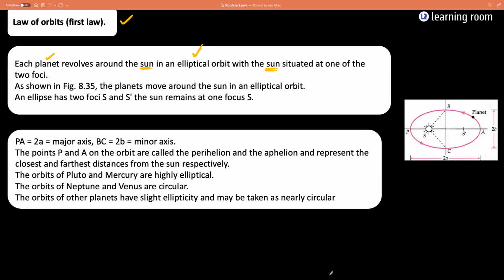Here, the planets are there, and they are going to revolve around the sun, where the sun is placed at one of the foci of a two-dimensional shape called an ellipse.